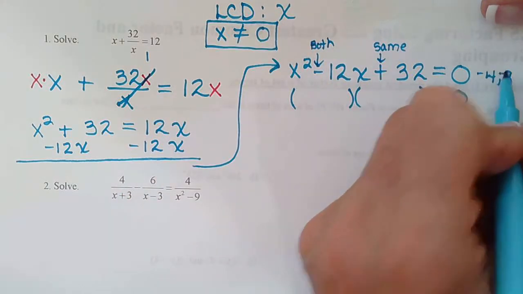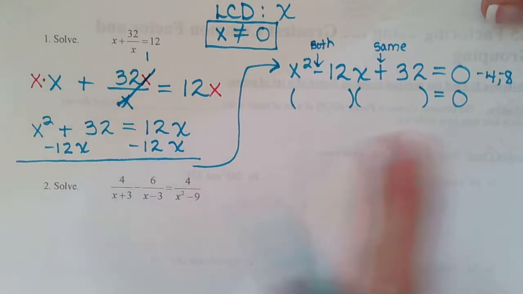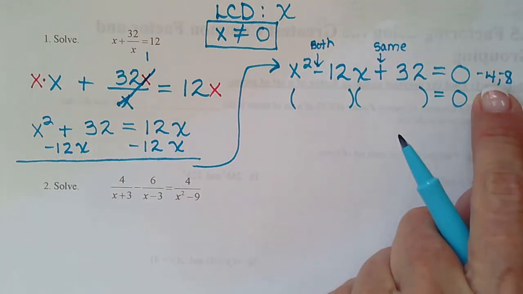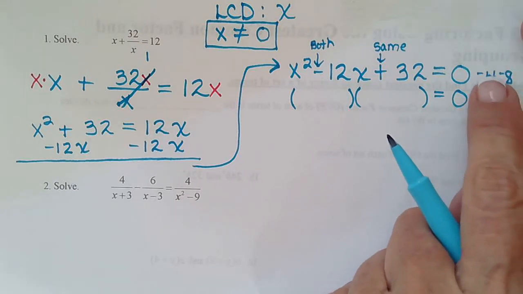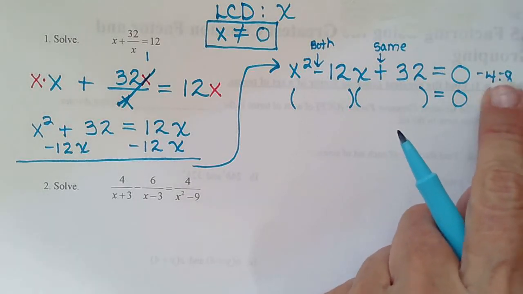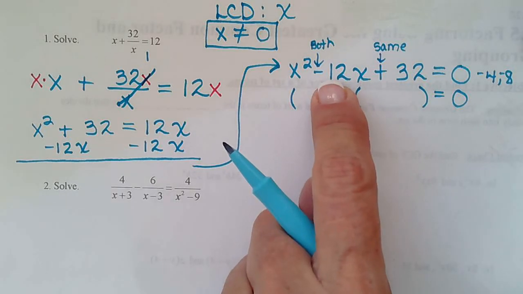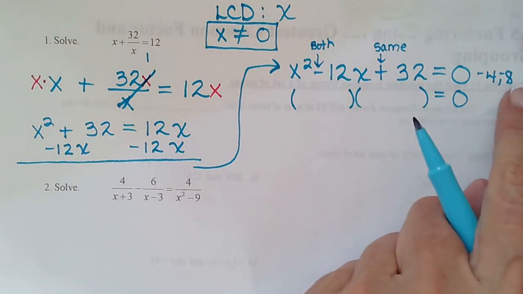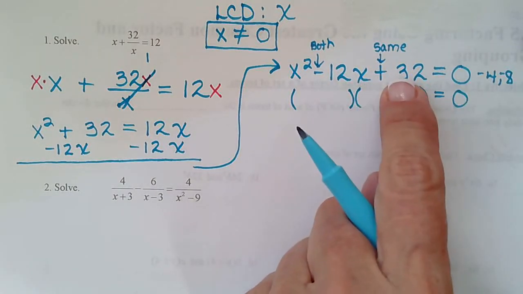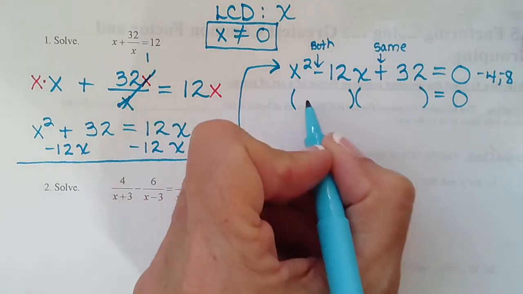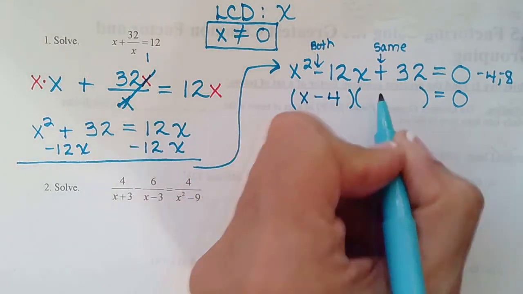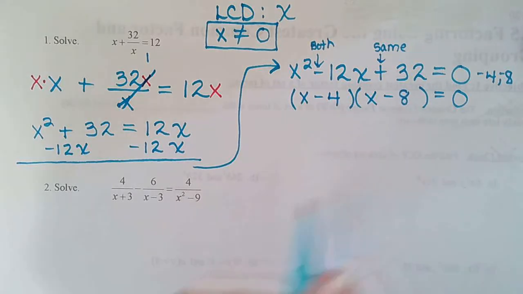So -4, -8. And remember what I said, find your error right here, just like I did in a previous video. -4 plus -8, is that -12? Yes. -4 times -8, is that positive 32? Yes. So x minus 4, x minus 8.